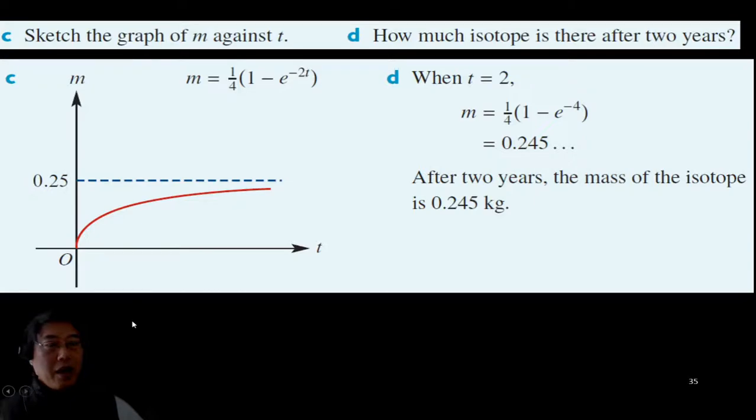So it will end up going that way. I know it doesn't look like a regular exponential, but it's due to the two reflections. How much isotope? Last question. How much isotope is there after 2 years? So when t equals 2, you substitute, you get the value of m in kilograms.